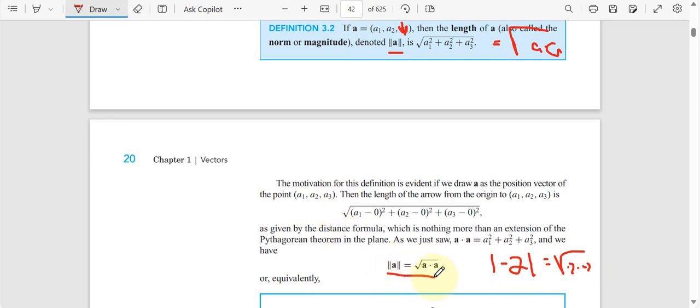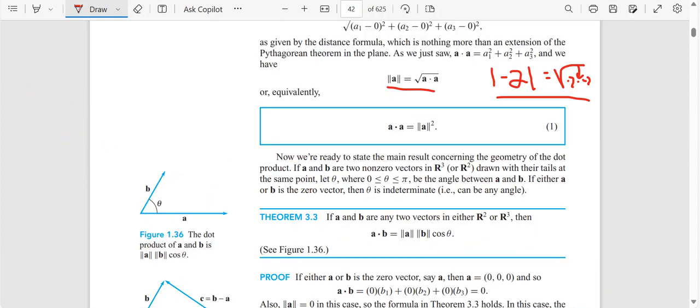So it resembles this, or this resembles this. But this is not a dot product here. It's just regular multiplication because these are just regular numbers. But this is a dot product here because these are vectors. So not the same thing going on here as here, but it looks very similar.